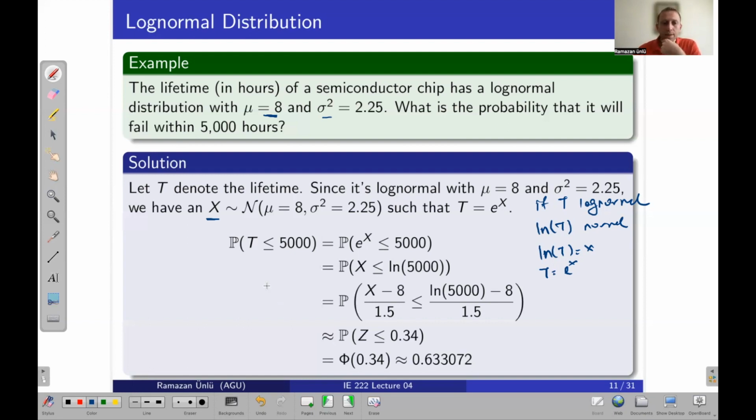So what we are asked is the probability that t will be less than or equal to 5,000 hours. Instead of t, we can write e to the x because they are equal. If e to the x is less than or equal to 5,000, that means ln of e to the x will be less than or equal to ln of 5,000. This gives us the probability that x will be less than or equal to ln of 5,000.